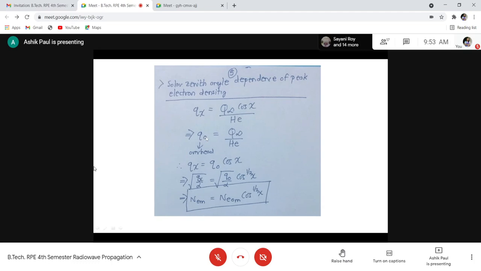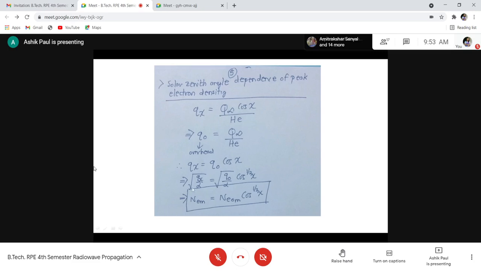So for the overhead condition, this chi will be 0. So q overhead will be q infinity by he, because if you put 0 over here, this will be 1. So we could write that q chi is nothing but q overhead times cos chi.